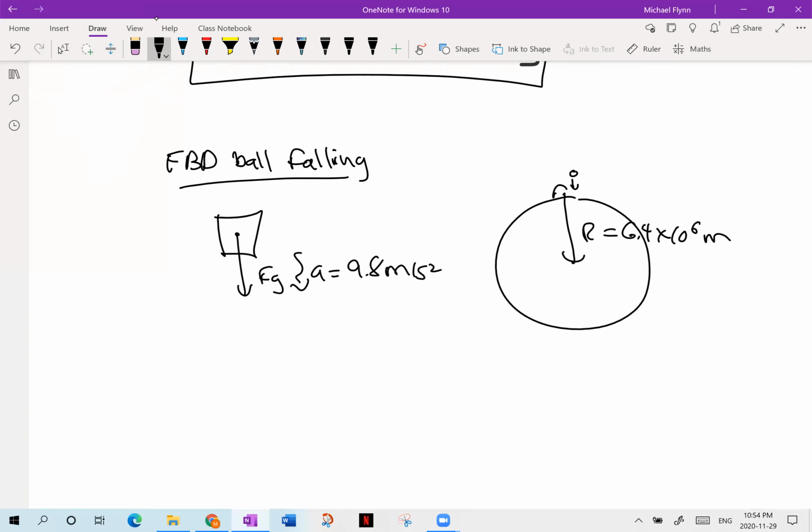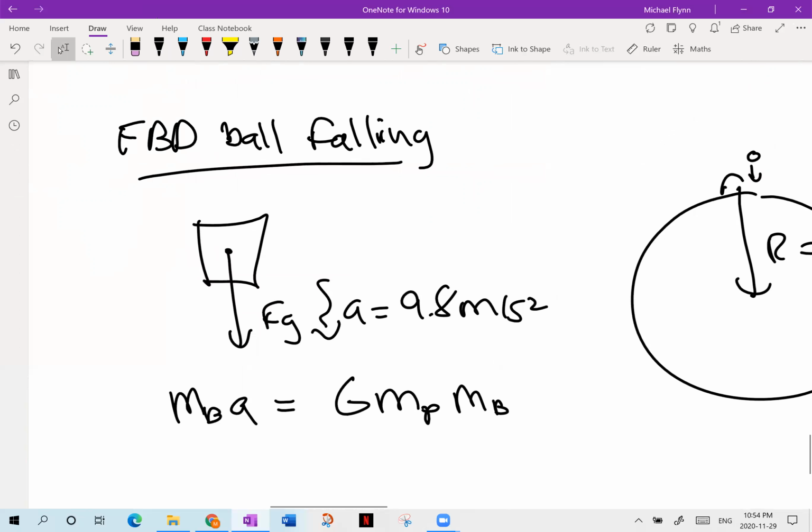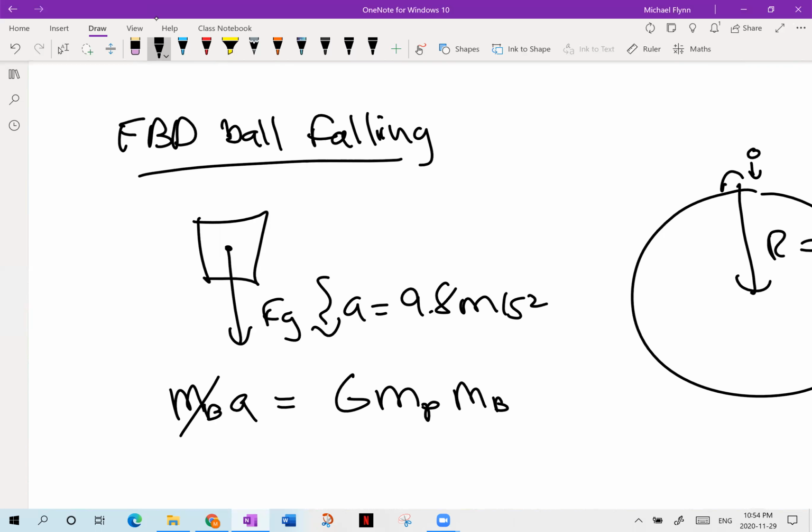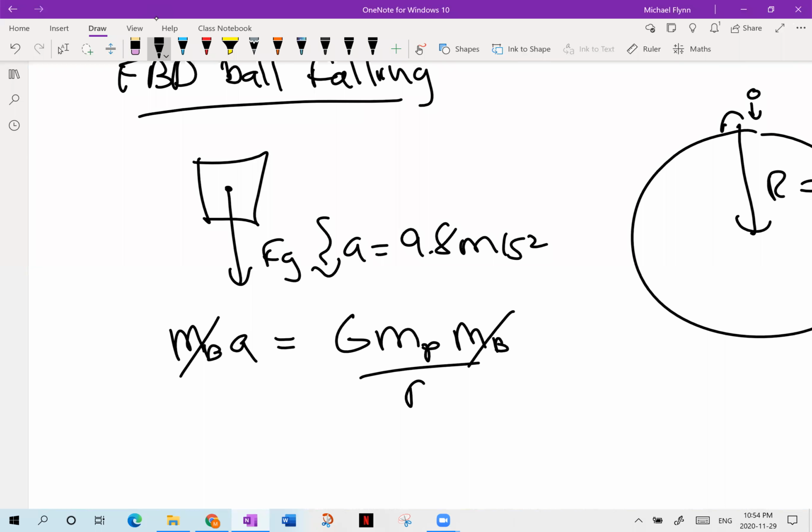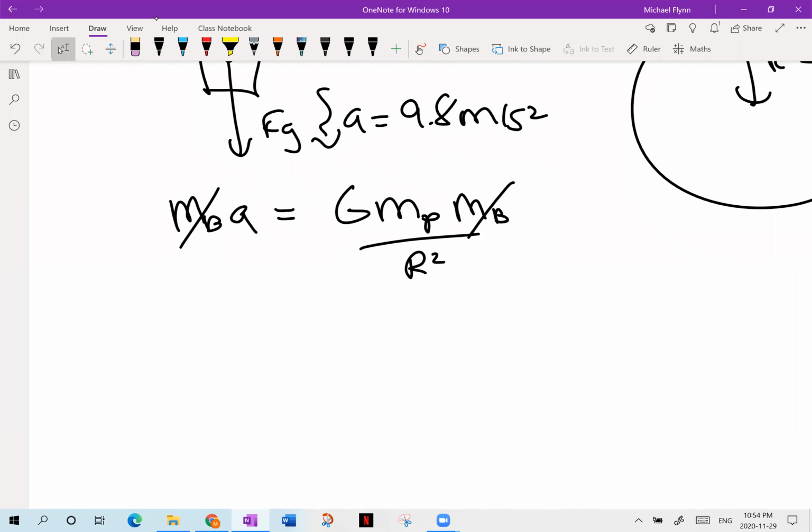So now we're going to go like this. m a has to equal big G times M_p, this is the mass of the planet, times the mass of the ball. Remember, this is the free body diagram of the ball, so it's the ball's mass that cancels out. Now this is divided by r squared. Solve it for the mass of the planet.